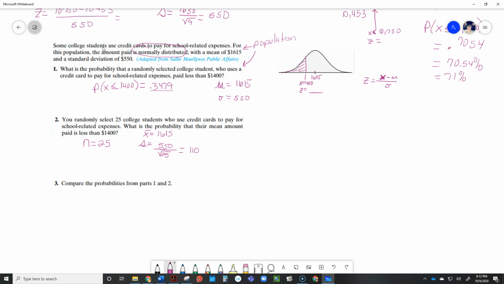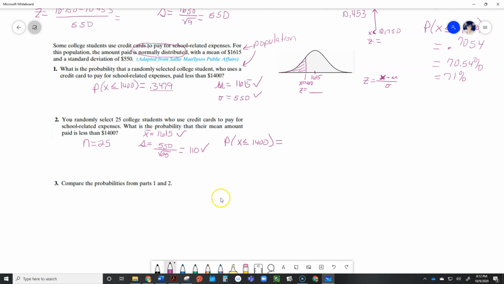And they want to know what's the probability that this will be less than 1,400. Okay, so it's not the same problem because it may look the same to begin with, but remember, these are the two values that we put in StatCrunch, and now we're going to put in these two values, and so we will get a different answer.